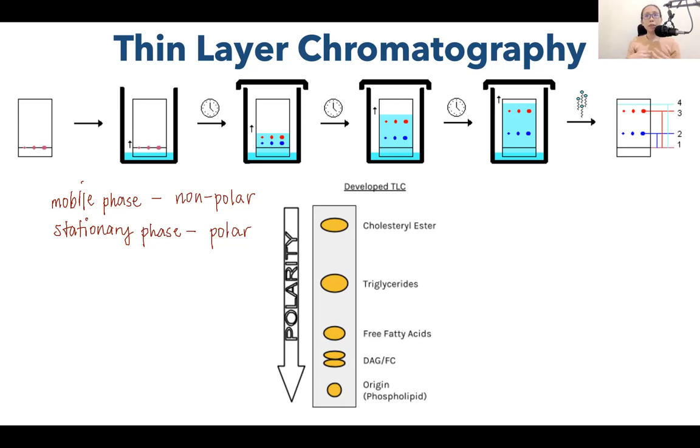Just like in electrophoresis, you also run a reference. In electrophoresis, you have a DNA ladder. In TLC, you also run your reference. On the same plate, you place a blot of your sample, and then you also blot, for example, pure cholesterol.